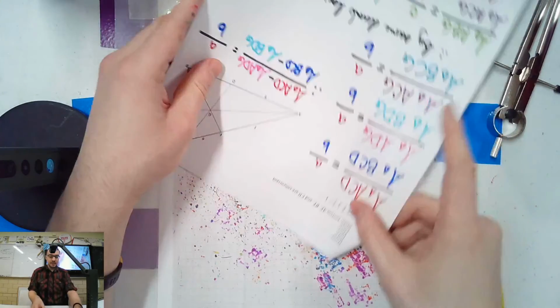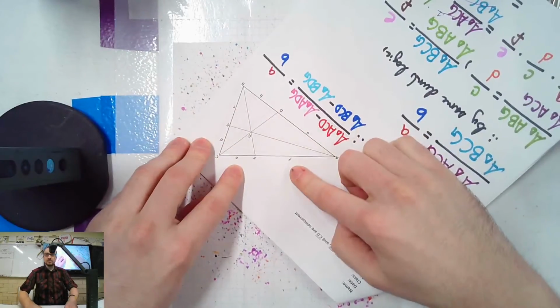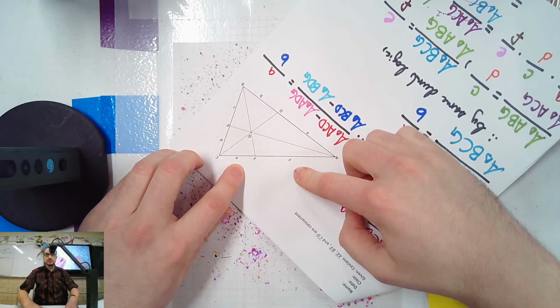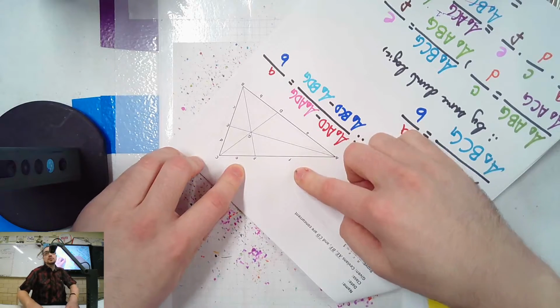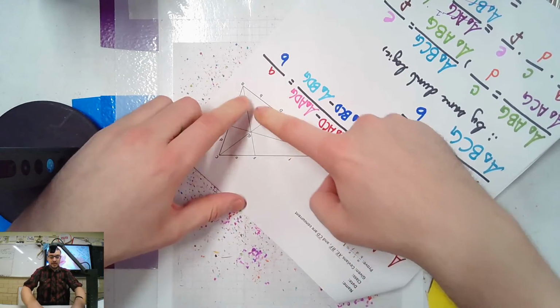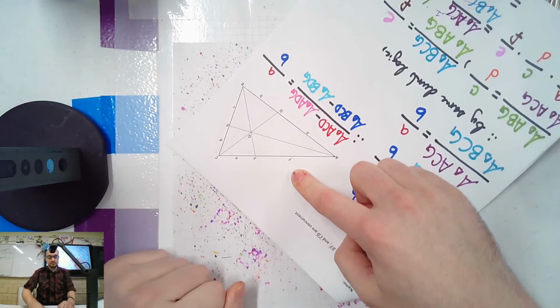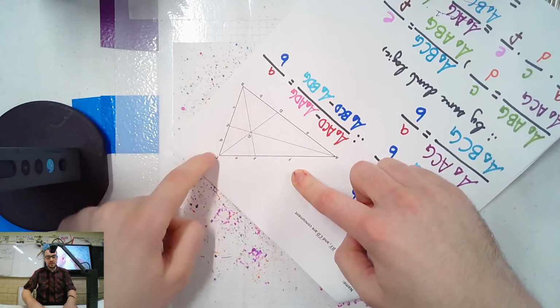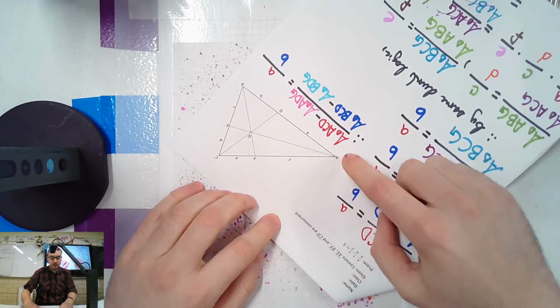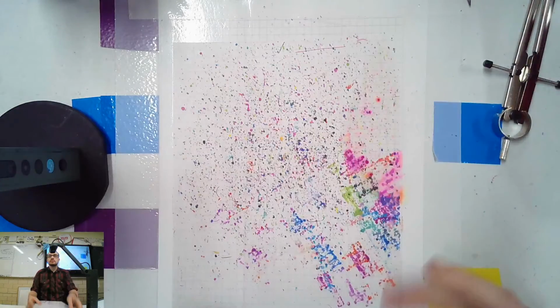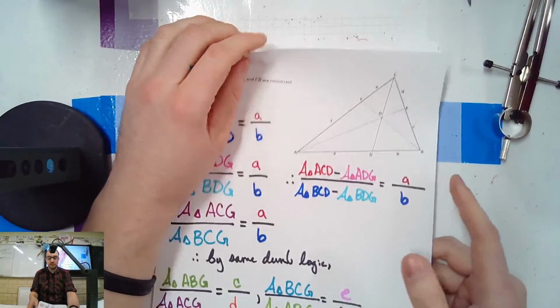Turn it, E and F. Big triangles, E and F. Little triangles, E and F. These triangles, E and F. That's what I wrote. I just cut to the chase using the same logic. So I got these two to go with E and F, triangle BCG and triangle ABG. That's the idea.